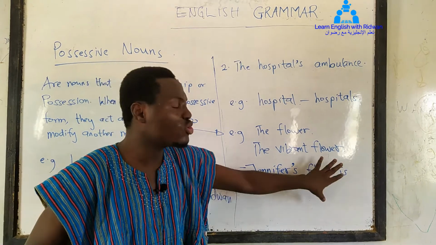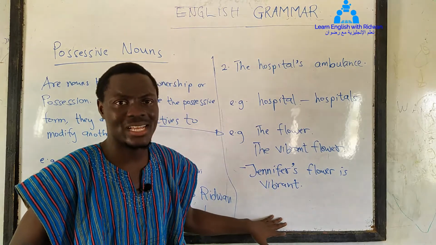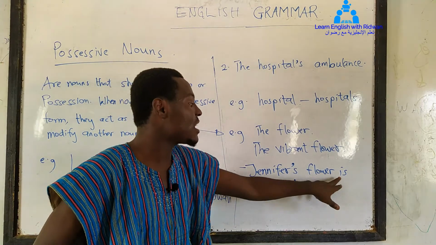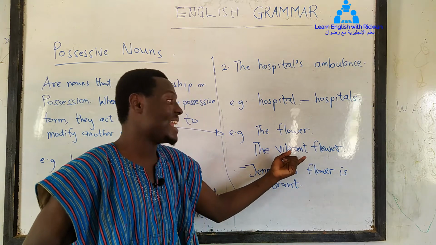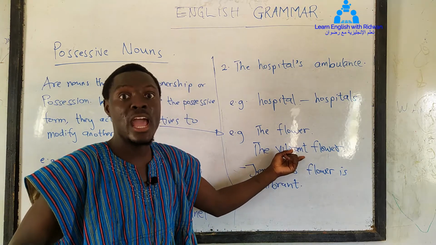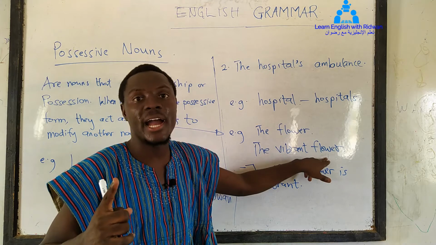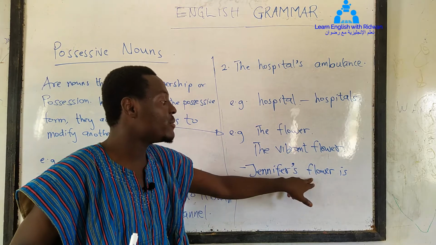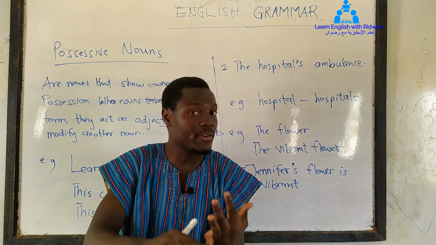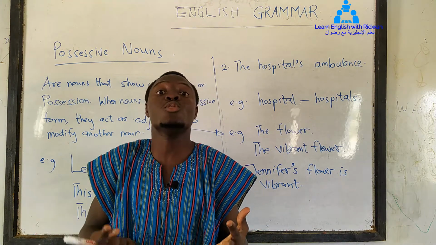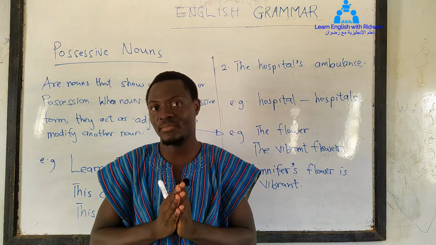What is the meaning of this particular sentence? We said Jennifer's flower is vibrant. Now we said the vibrant flower, which means you have an adjective here which is describing and modifying the word flower. So in this sentence we have flower is vibrant, which means not only is the flower vibrant, but it also belongs to Jennifer, isn't it?